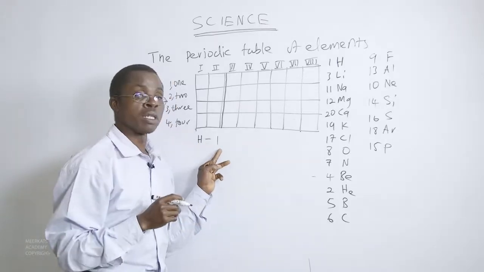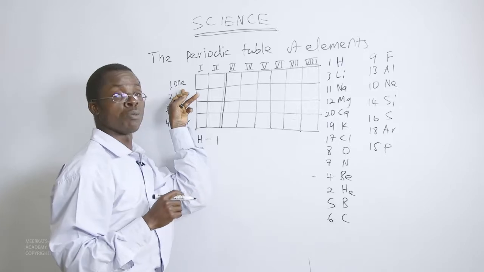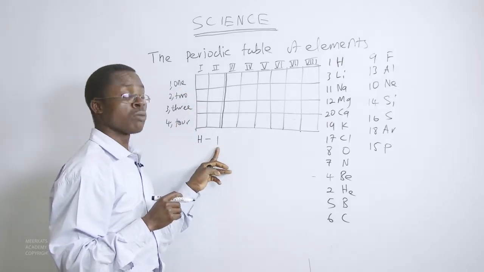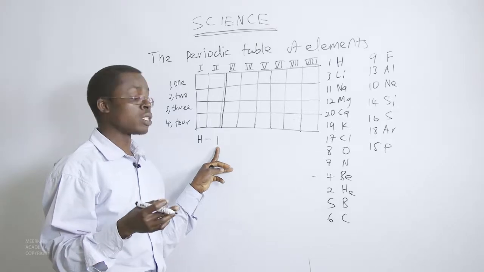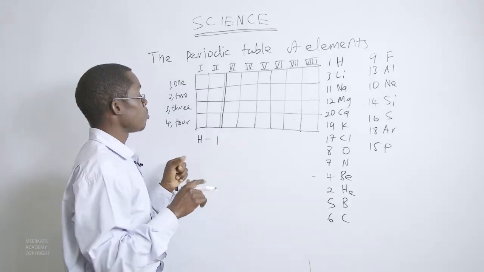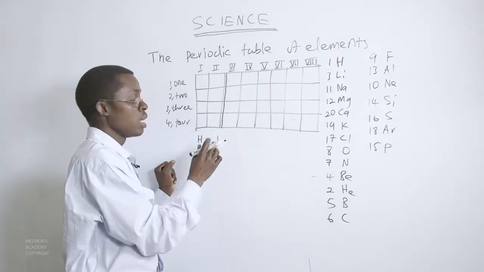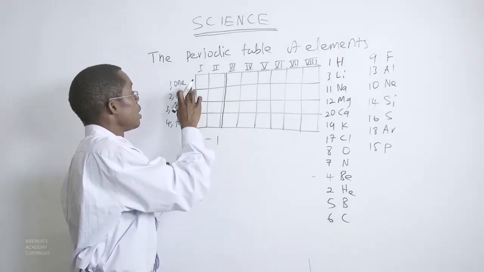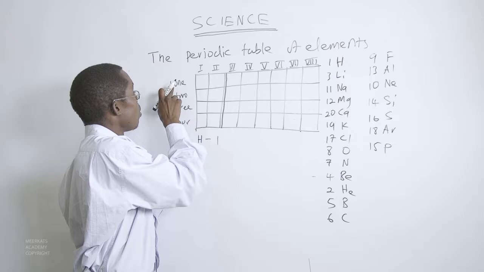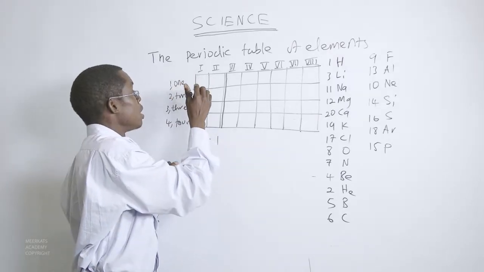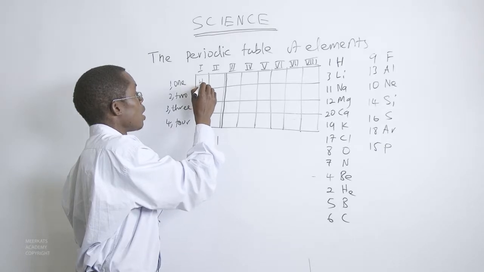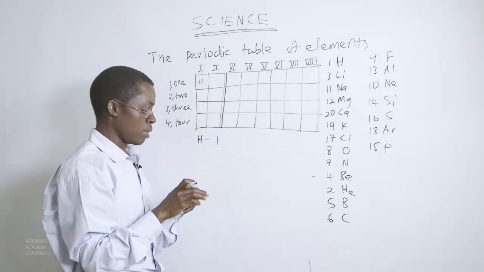What does this 1 mean? 1 means in terms of orbits, it's just 1, and in terms of how many electrons are in the outermost orbit is again 1. So the only place we can fit this hydrogen is at this point where it has 1 orbit and 1 electron in the outermost energy level. So we can have our hydrogen at this point.